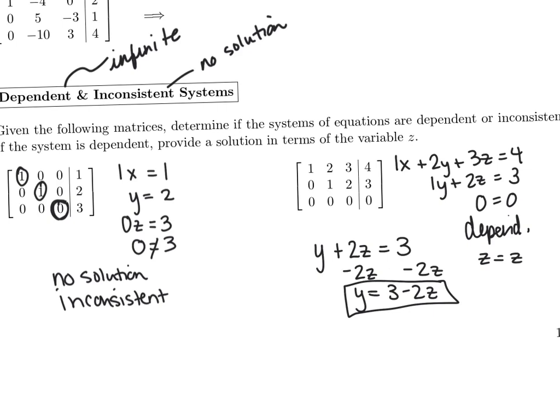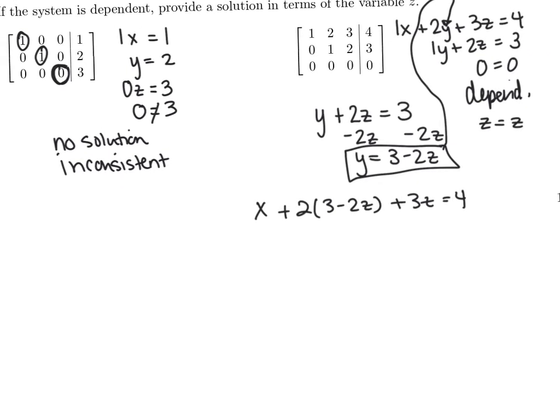And then we need to substitute in again. So we'll go into the first equation. I'm going to take all of this and plug this in for y. So I have x plus 2 times (3 minus 2z) plus 3z equals 4. And then we start solving and get x by itself, so 6 minus 4z plus 3z equals 4. x plus 6 minus z equals 4, and then we want to get x by itself.